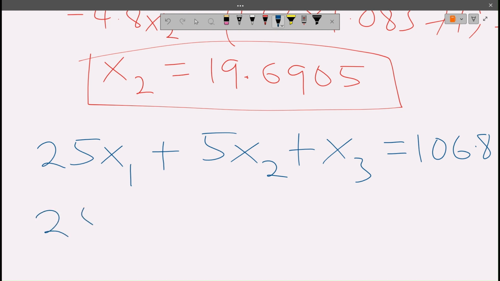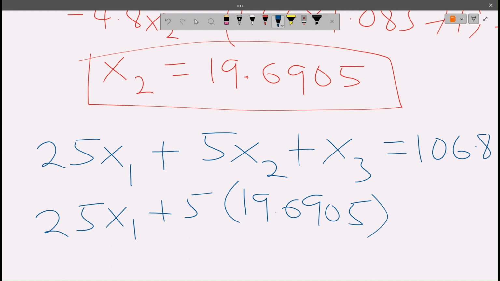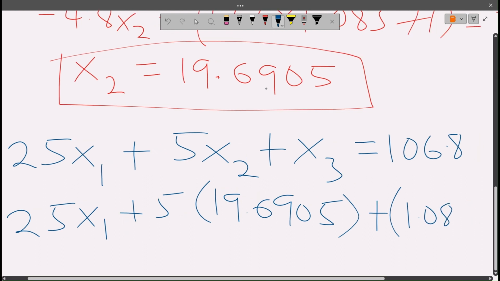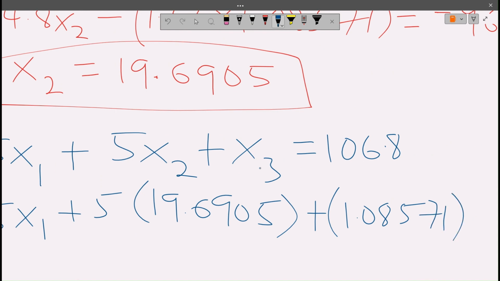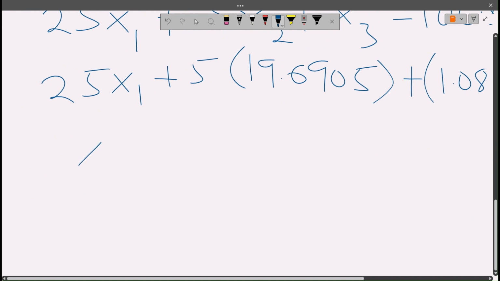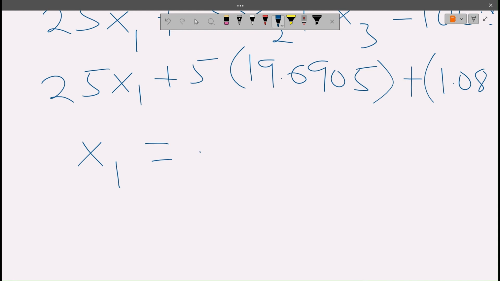We're going to have 25 S1 plus 5 times 19.6905 plus 1.08571. Now S1 is equal to 0.290472.